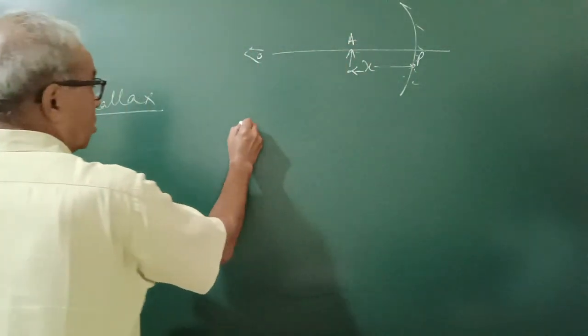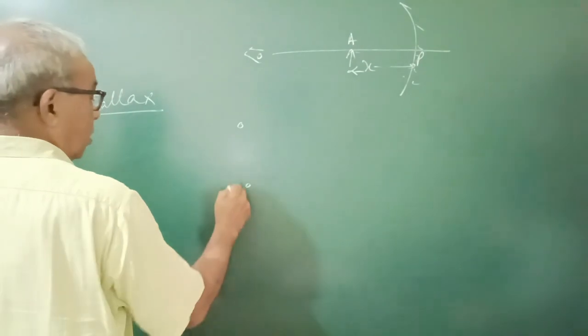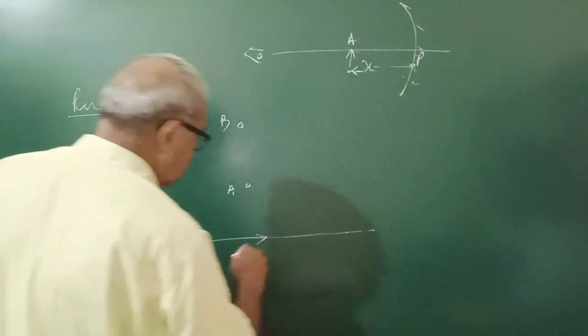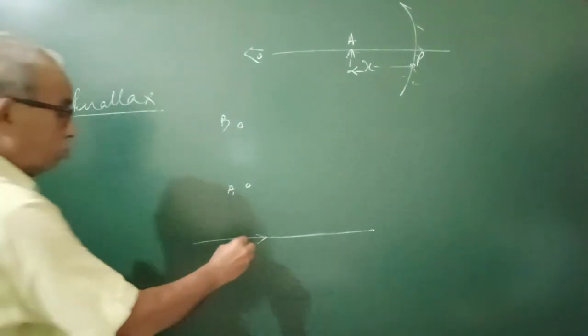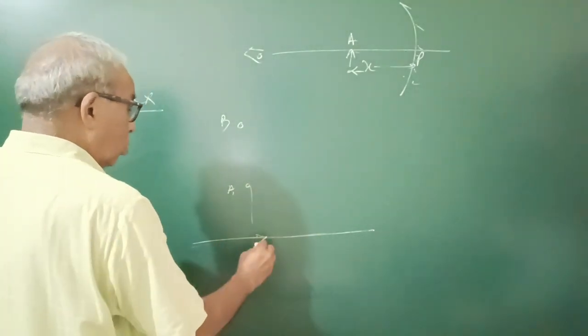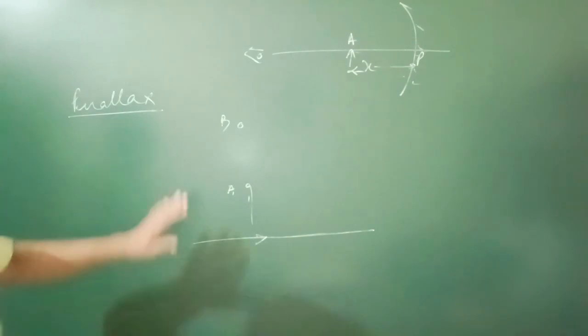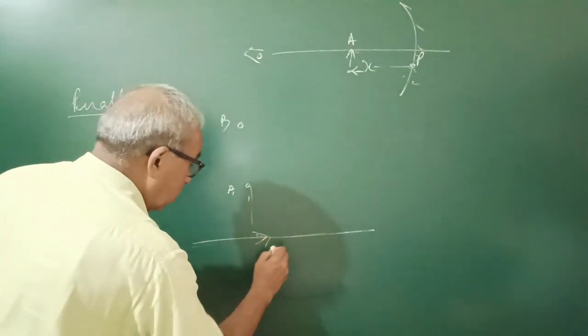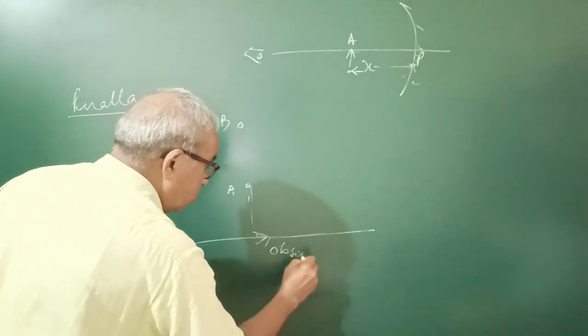Suppose here these are two objects. This is A and B, and the observer is going this way. Observer going this way, looks at the two objects A and B. This is the moving observer.